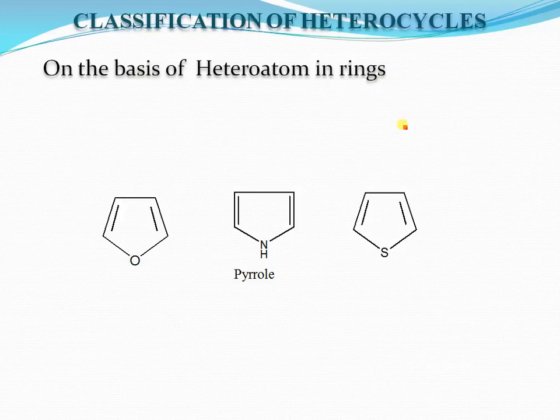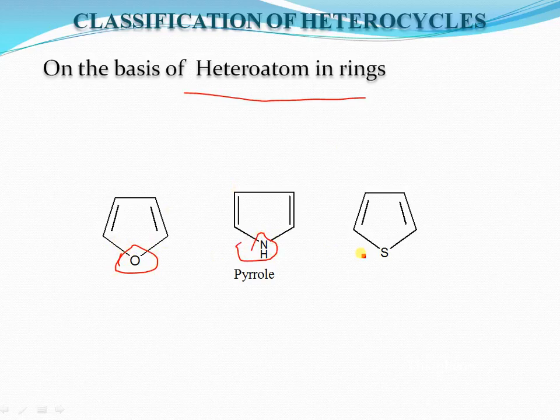So, classification of heterocycles on the basis of heteroatom. First, on the basis of heteroatom means which heteroatom is present. For example, oxygen, nitrogen and sulfur.